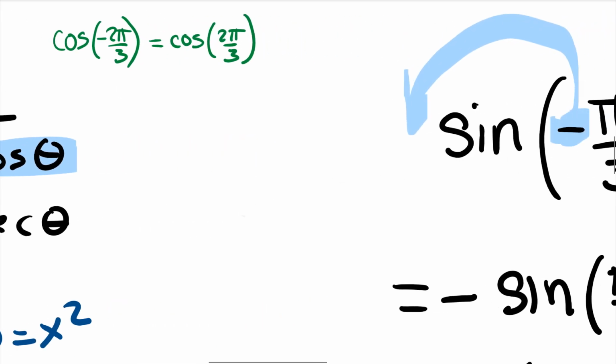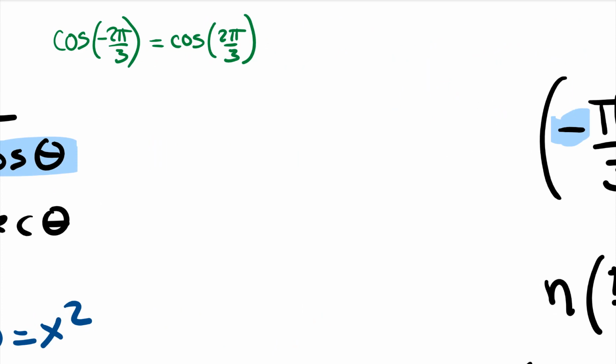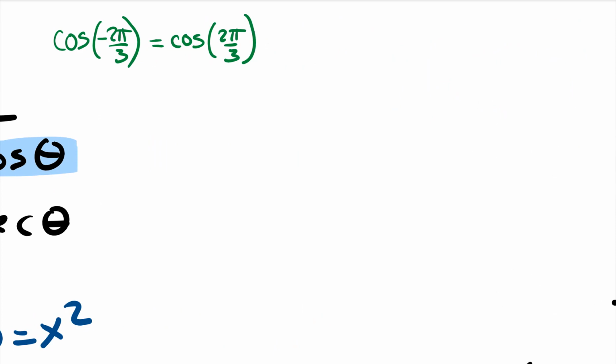So to do this, there's still more work to do. I mean, no matter what, there's work. But as I'm messing with this, I'm like, okay, well, the reference angle is pi over 3. That's in quadrant 2.